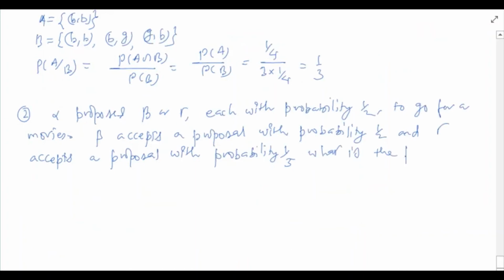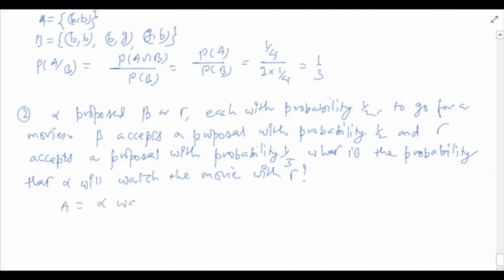What is the probability that alpha will watch the movie with gamma? Again, we can define two events. Event A is alpha watches the movie, and event B is alpha proposes gamma.